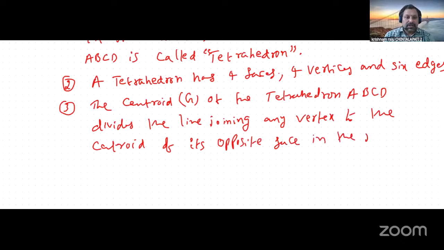So this point is important for objective purpose, not for IPE. For objective purpose, this is important.